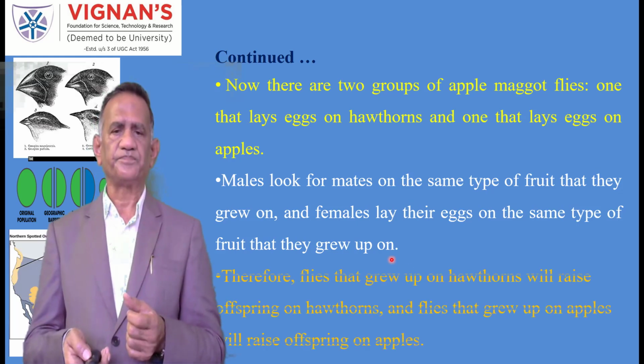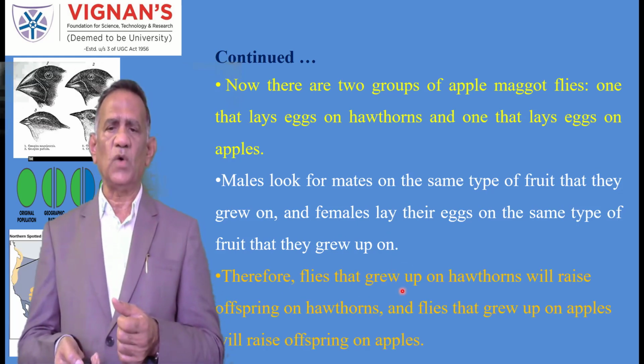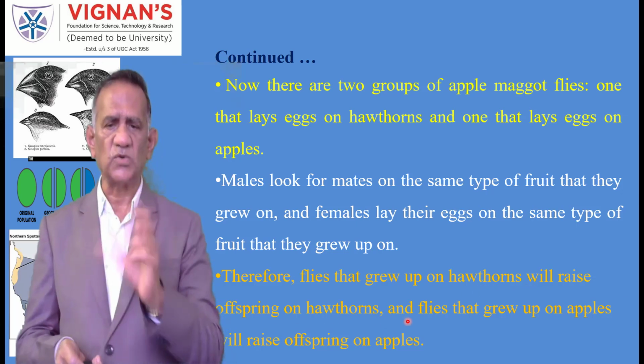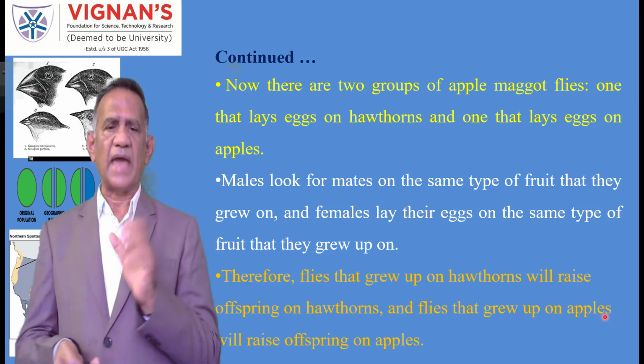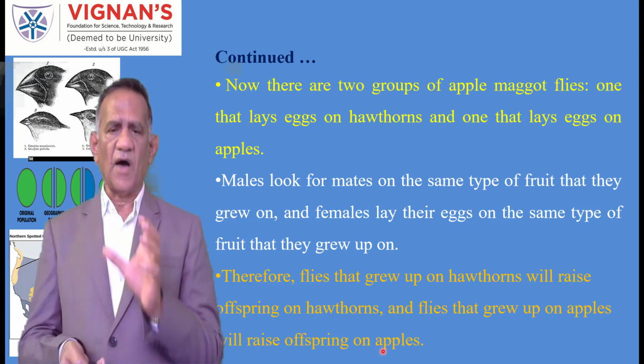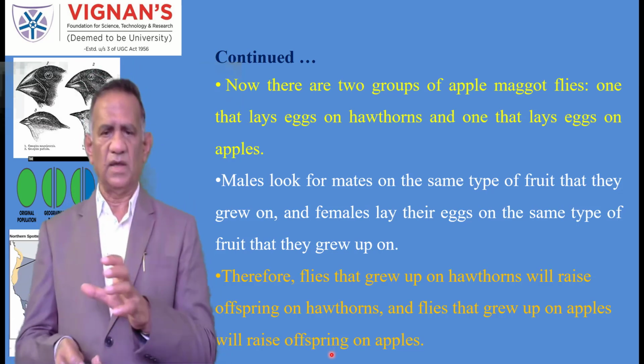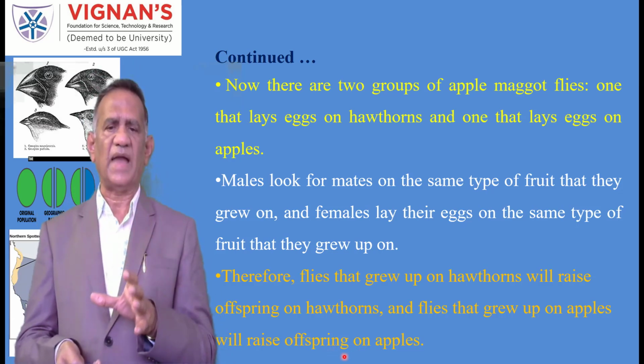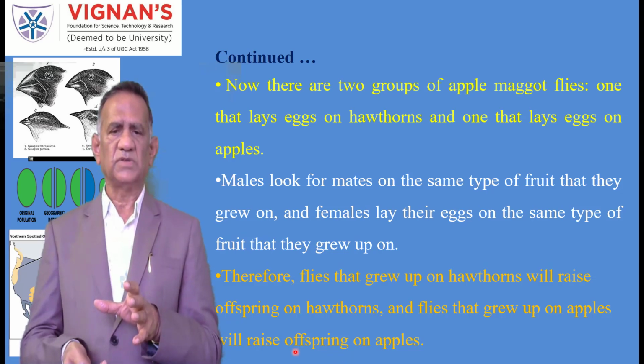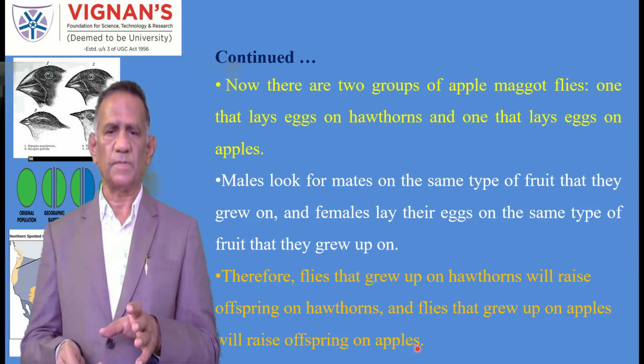Therefore, flies that grew upon hawthorns will raise offspring on hawthorns only. And flies that grew on apples will raise offspring, that is maggot, which over time get metamorphosed into the fly, on apples.